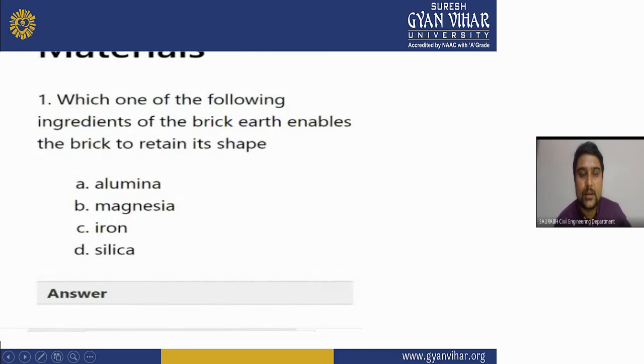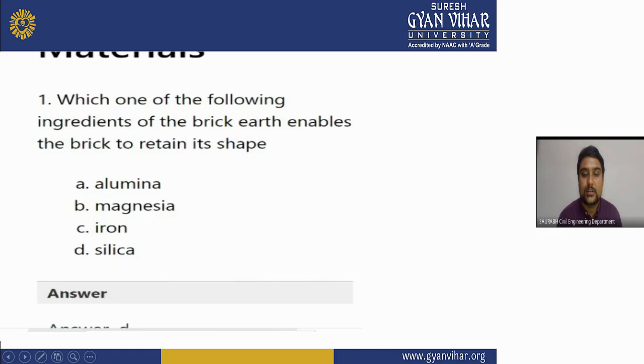Now we will see the MCQs, and here is the first question. Which one of the following ingredients of brick earth enables the brick to retain its shape? The options given are: alumina, magnesia, iron, and silica.